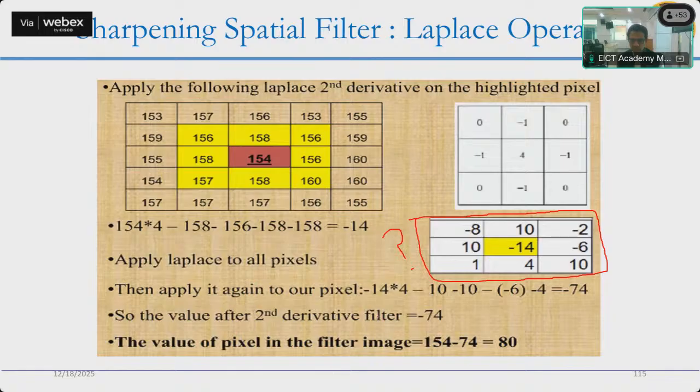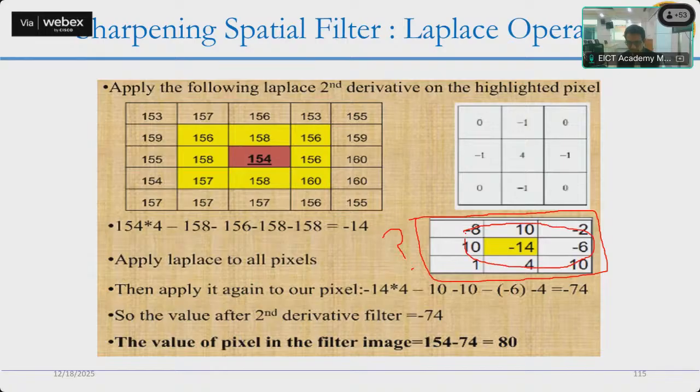The value after the second derivative filter is minus 74, and minus 74. So how many calculations do you need to do? You need to do 8 more multiplications.